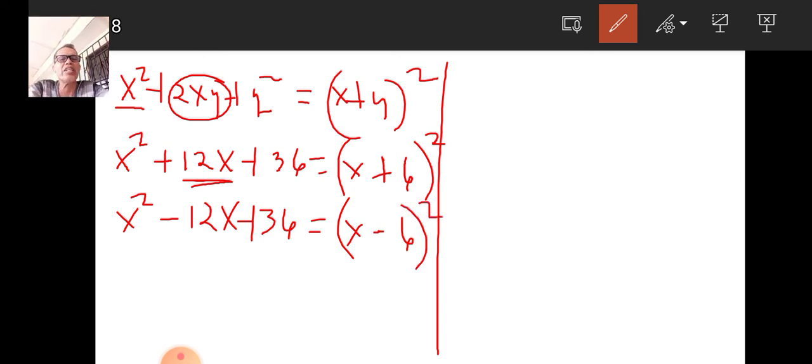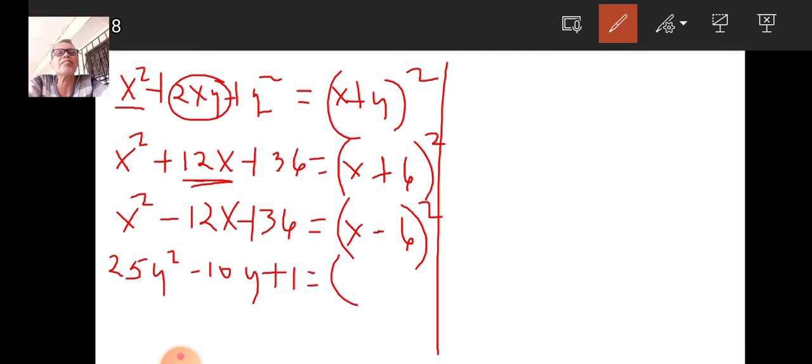Another example, if you have 25y squared minus 10y plus 1. You have the negative sign, so it follows that the factors of 1 must be negative.